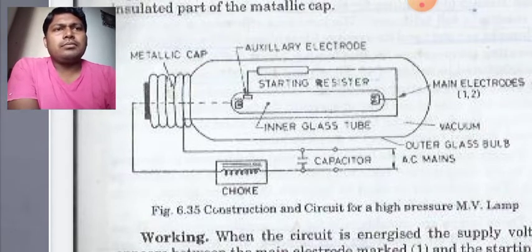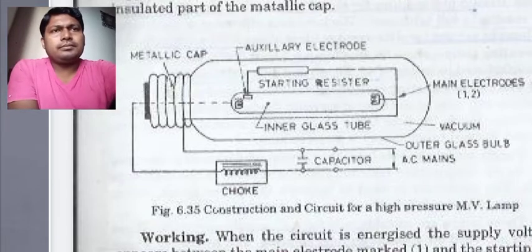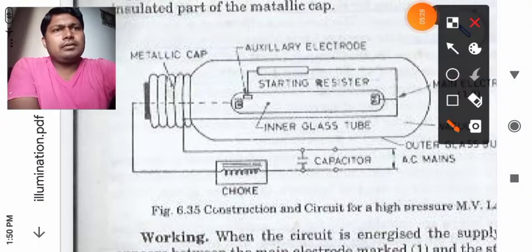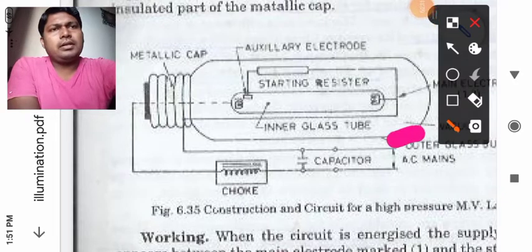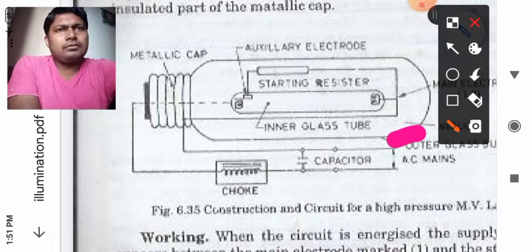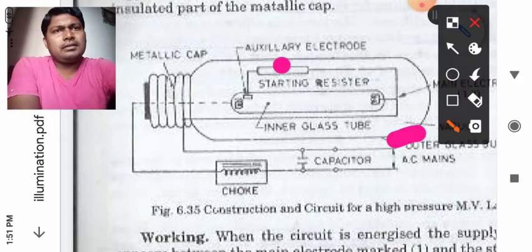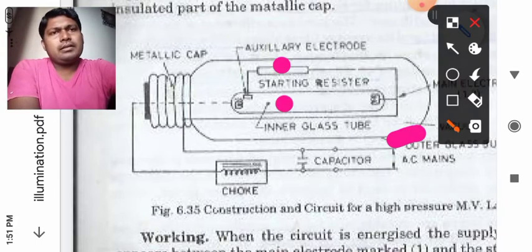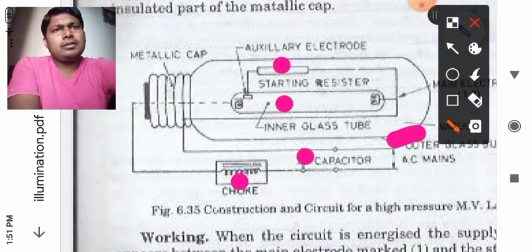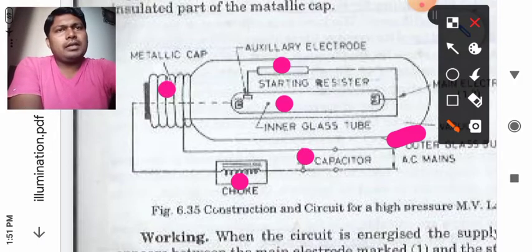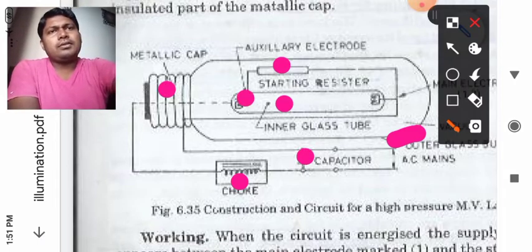The outer glass bulb is also marked, right? So this is the outer part. The other things: the starting resistance is there. This is the starting resistance. The inner glass tube is this one, the whole thing. The choke, there is a capacitor, there is a metallic cap, and an auxiliary electrode is also there.